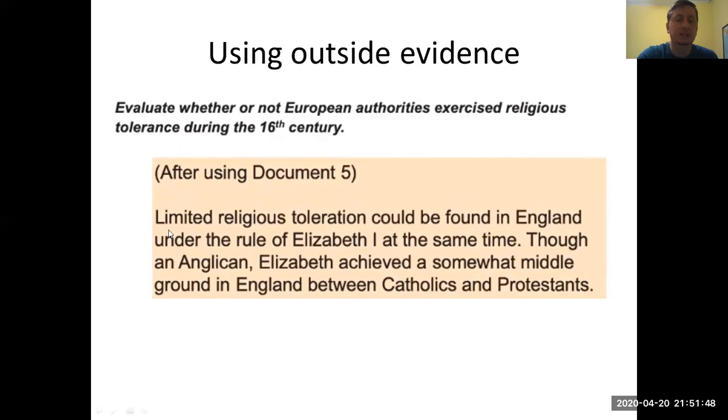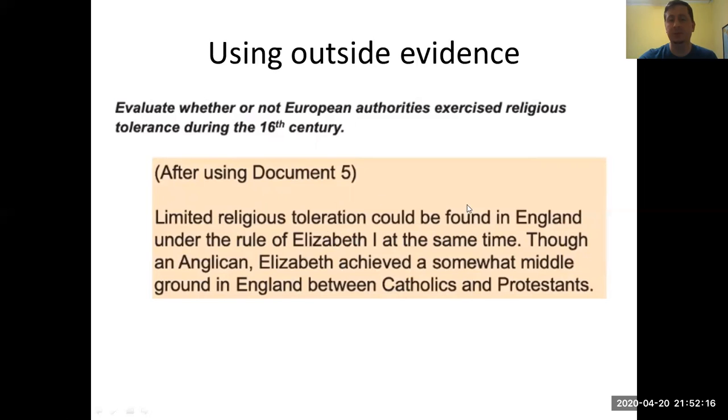So check this out. Limited religious toleration could be found in England under the rule of Elizabeth I at the same time. And so remember, Elizabeth doesn't have a document, so this is outside evidence. Though an Anglican, Elizabeth achieved a somewhat middle ground in England between Catholics and Protestants. And so illustrating this idea of religious toleration using another politique, which is fine, one that doesn't have a document, this counts as outside evidence.